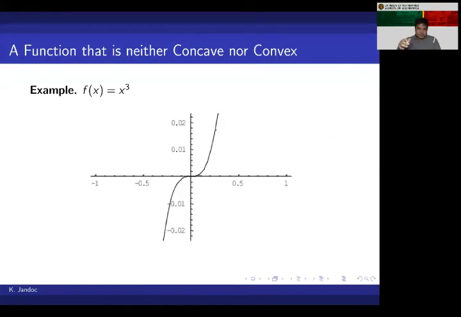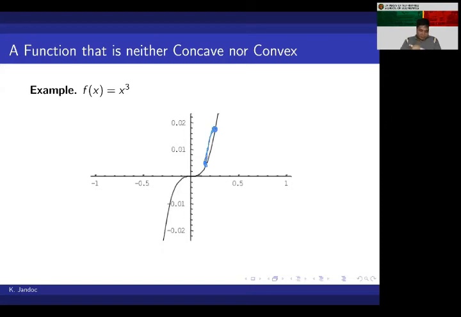So there are functions that are neither concave nor convex. Take this function x cubed over here with this graph. Notice that when you join 2 points, for example here and here, this lies above the graph.